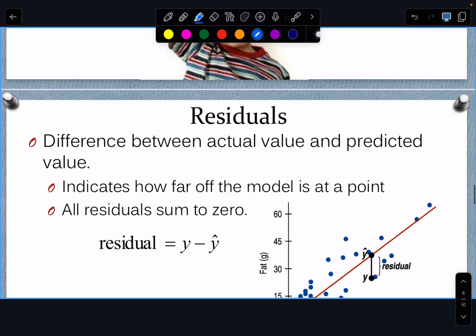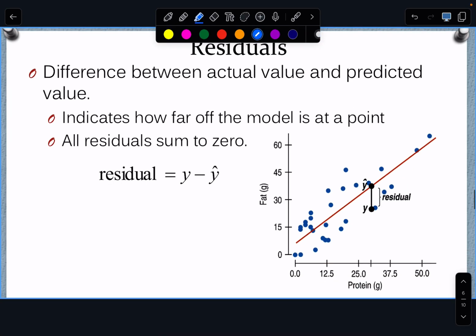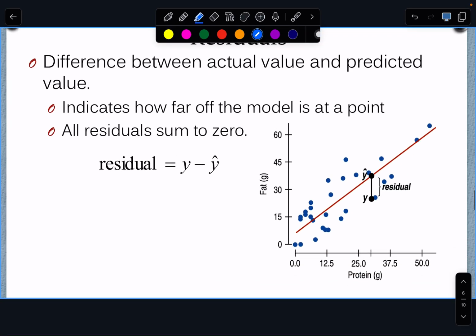So then the next thing, when we use this model for prediction purposes, we talked about the fact that when we plug in a value of x, we're calculating a predicted value of y. Well, what we want to know sometimes is how accurate our model is. So how close do we actually get to the actual values that we collected when using this model to predict?